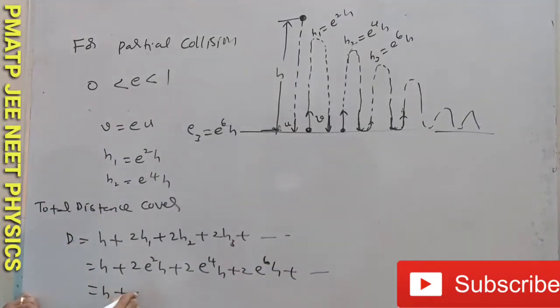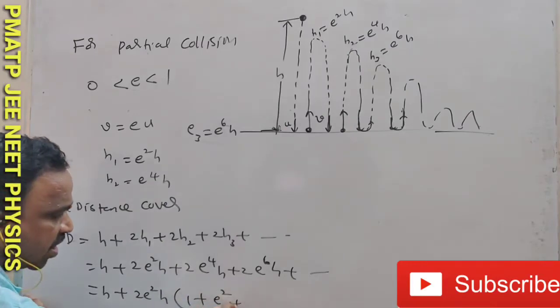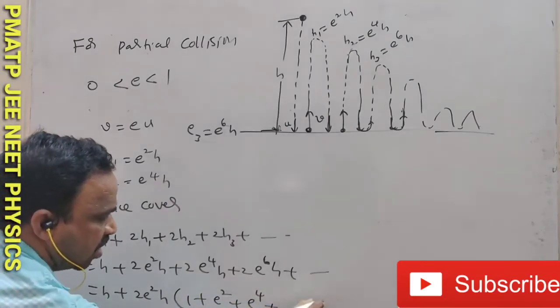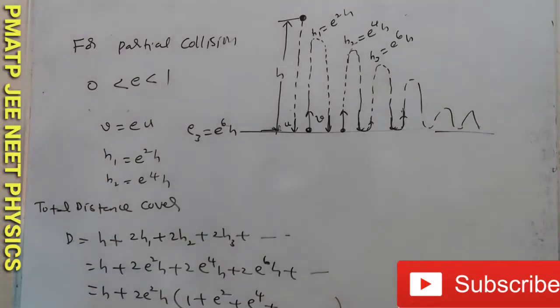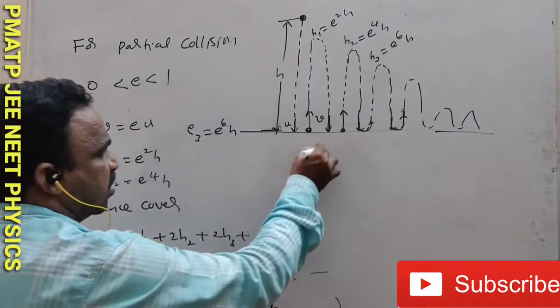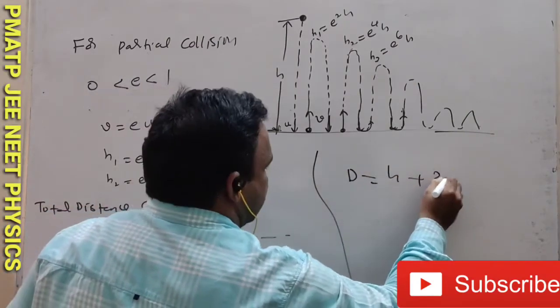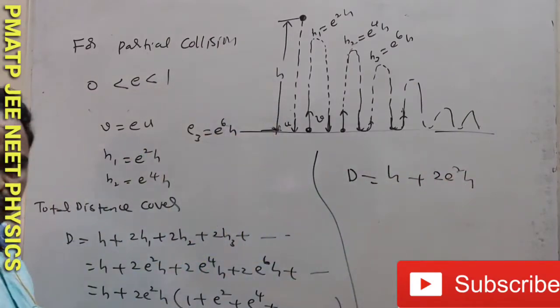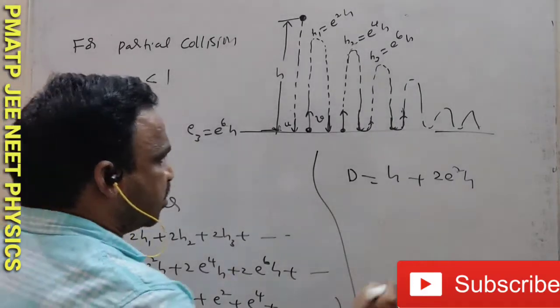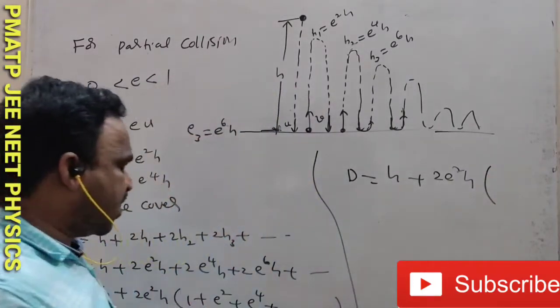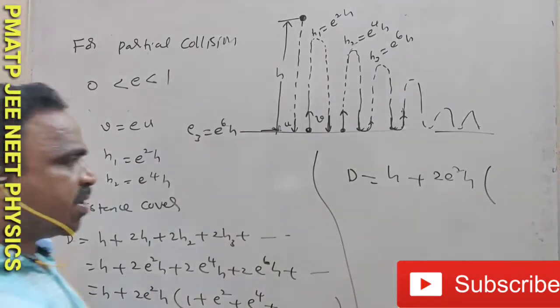So h plus, if you take 2e²h common, 1 plus e² plus e⁴ and so on. Like this, this is an infinite geometric progression. So total distance covered d is equal to h plus 2e²h into the sum of the infinite geometric progression, a by 1 minus r.